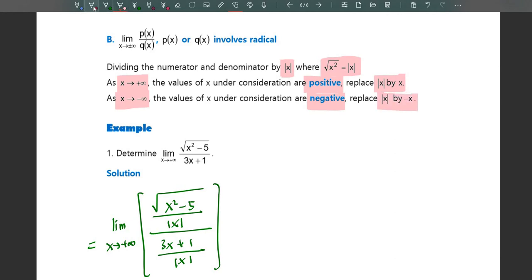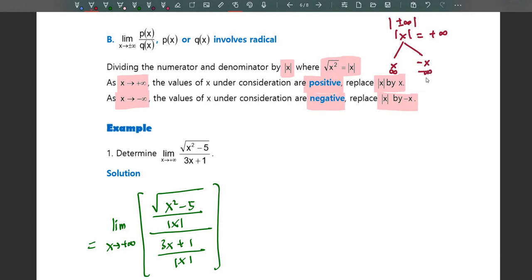There's a reason behind it, because modulus x is always going to be positive. Since this one is plus minus infinity, we will need to consider the positive and also the negative value of x, which means here we consider the value of infinity and also negative infinity.